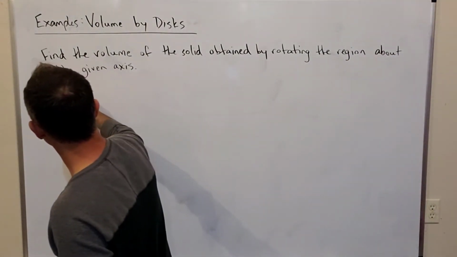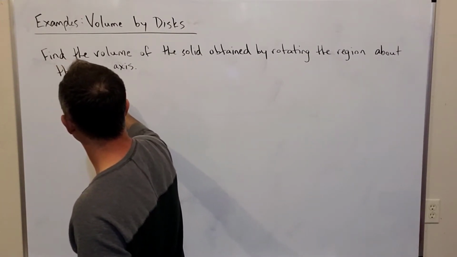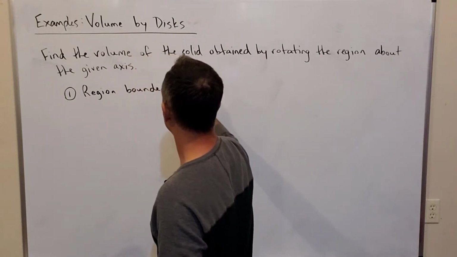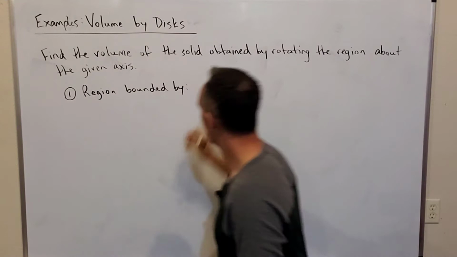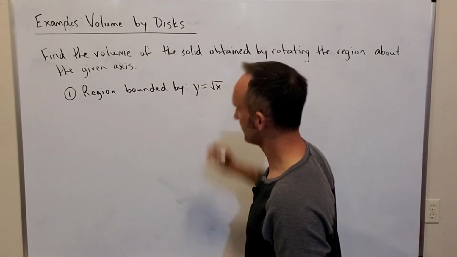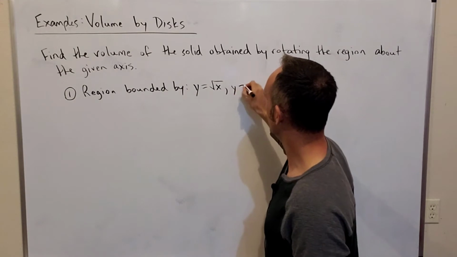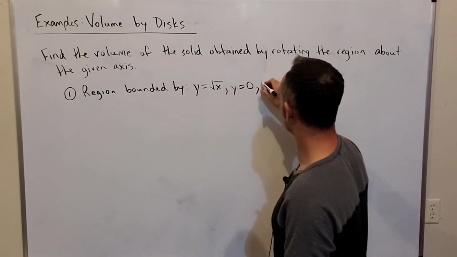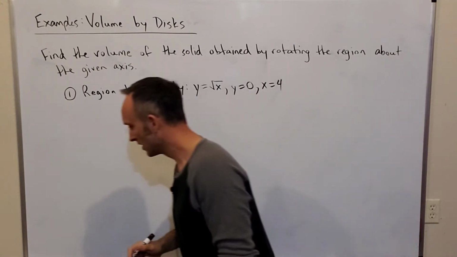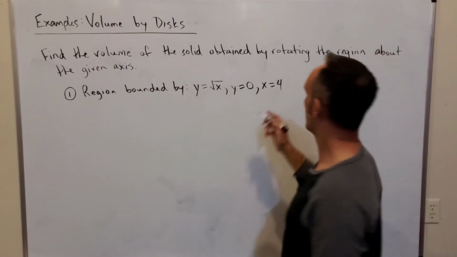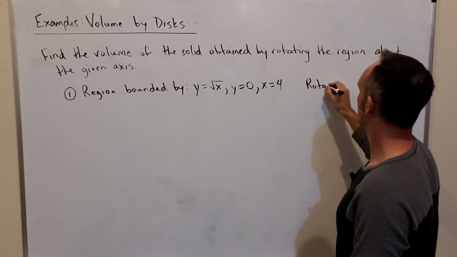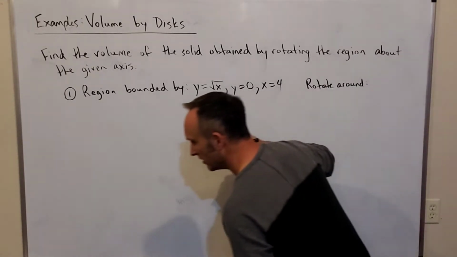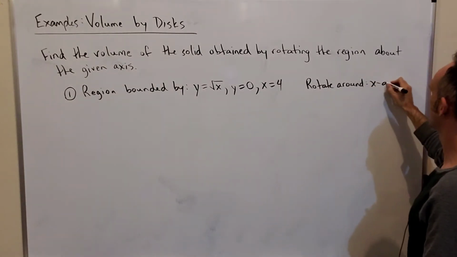So example 1, the region will be bounded by y equals the square root of x, y equals 0, so we've got this curve, this horizontal line y equals 0, and the vertical line x equals 4, and we're going to rotate around, or revolve around, the x-axis, okay?